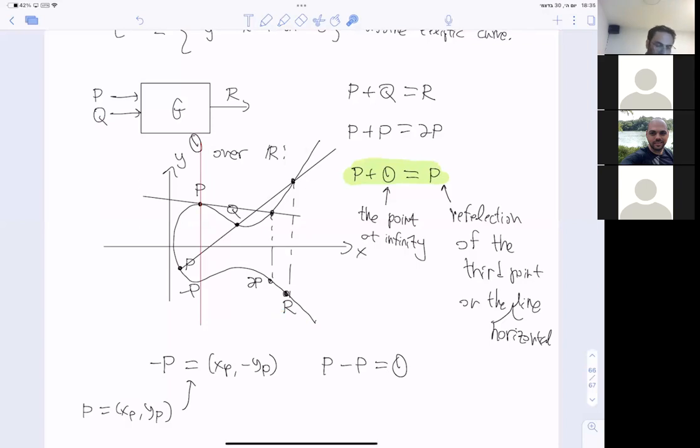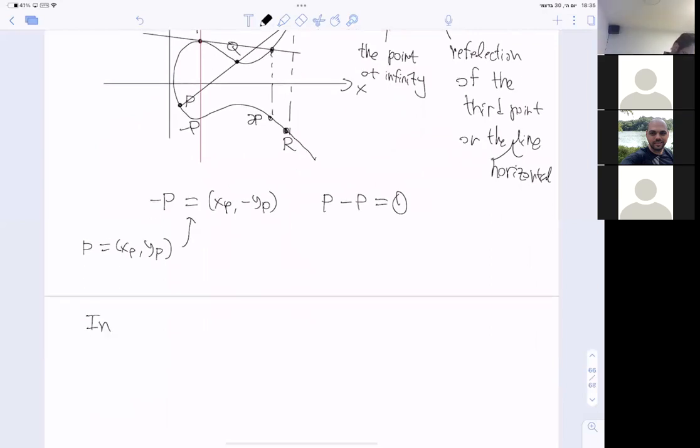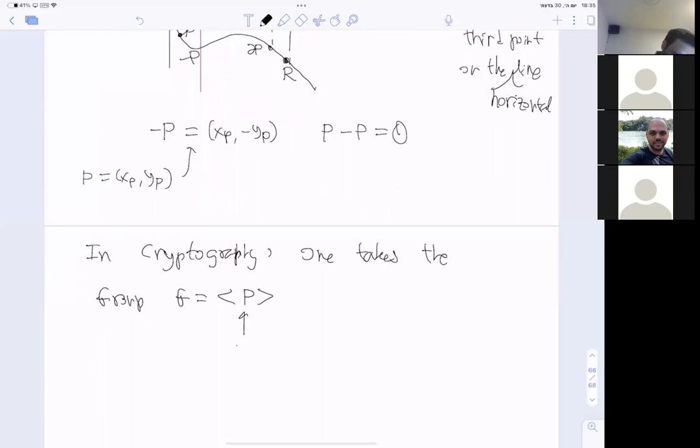So in cryptography, one takes the group G to be generated by some point P. Now P is public, and anyone knows what P is.